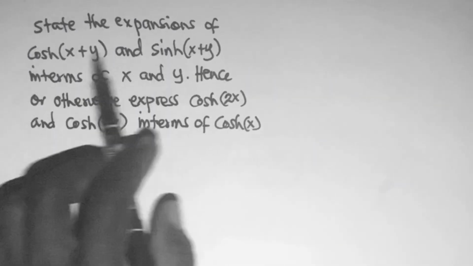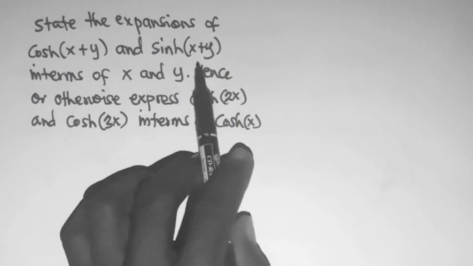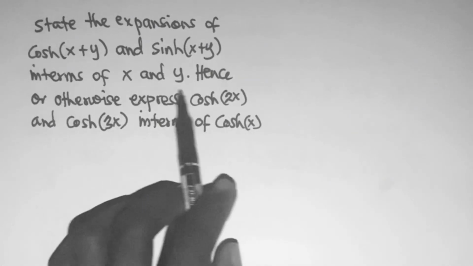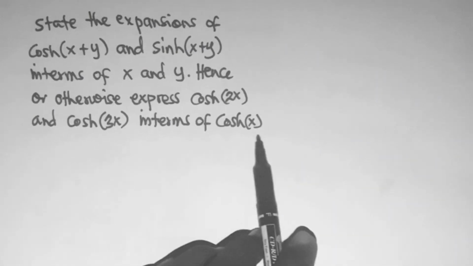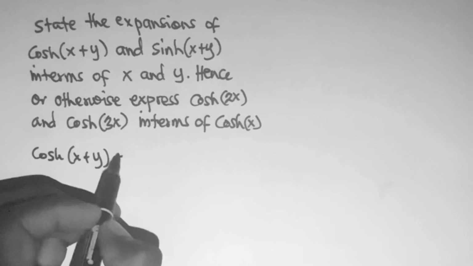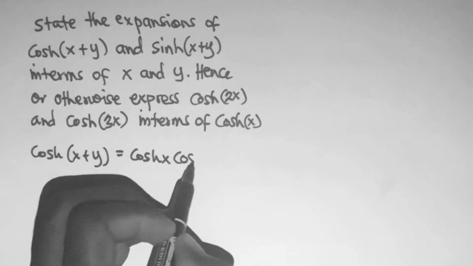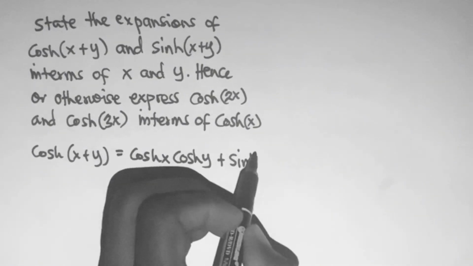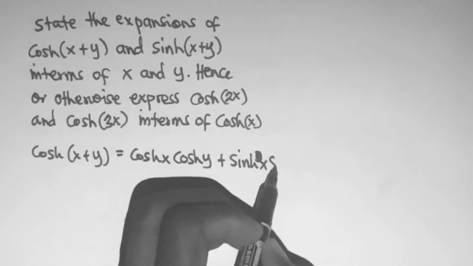State the expansions of cos of bracket x plus y and sin of bracket x plus y in terms of x and then y, and then hence or otherwise express cos 2x and cos 3x in terms of cos x. Cos x plus y is equal to cos x cos y, then plus sin x sin y.